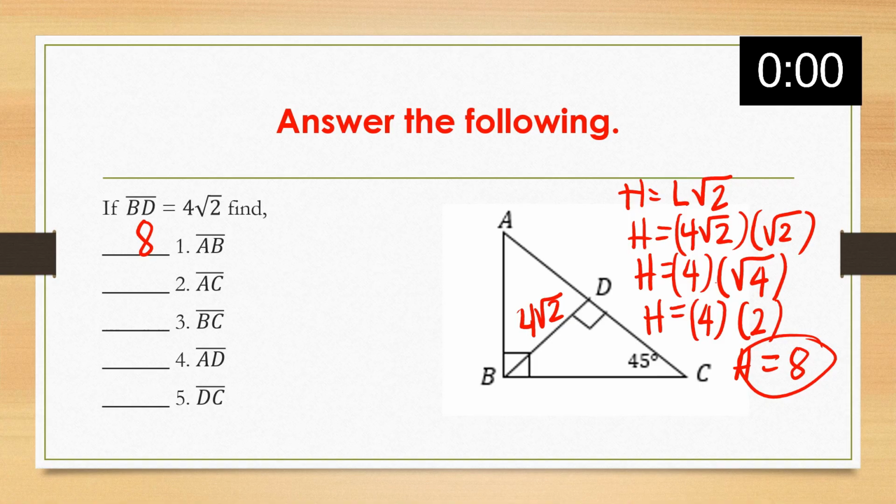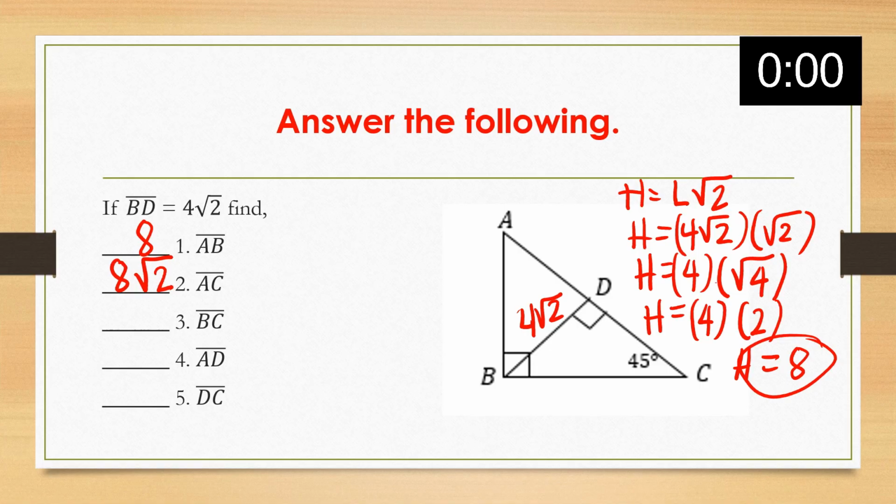How about the length of line segment AC? On our given figure, line segment AC is our hypotenuse. Again, hypotenuse is equal to leg times the square root of 2. So line segment AC is equal to 8 square root of 2.